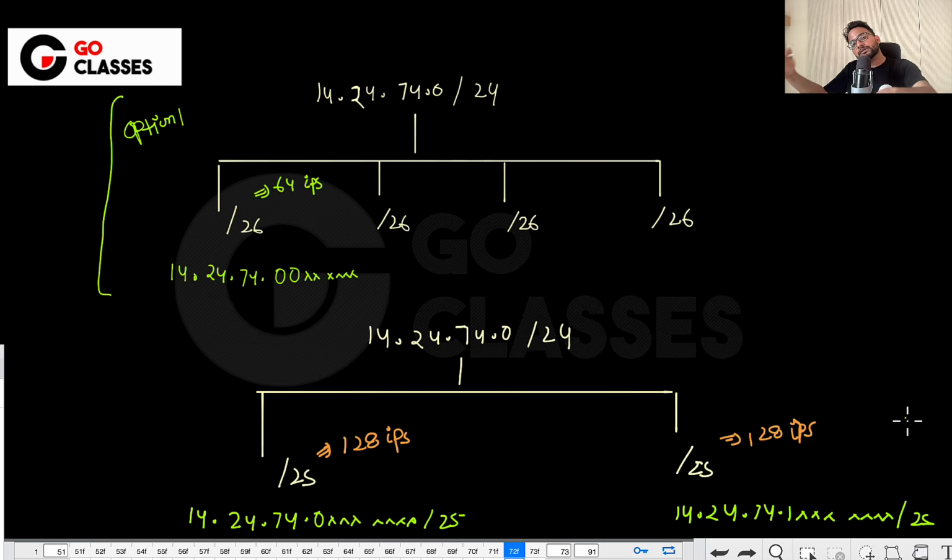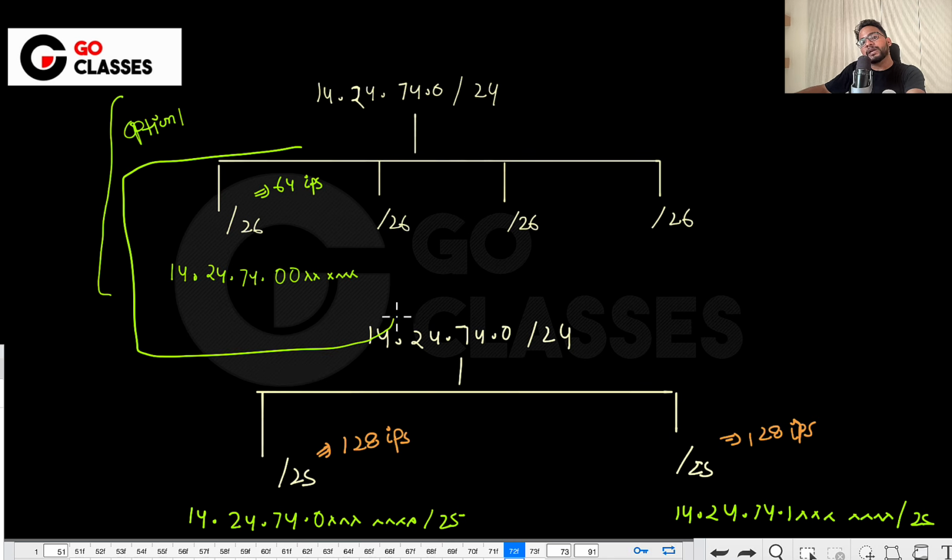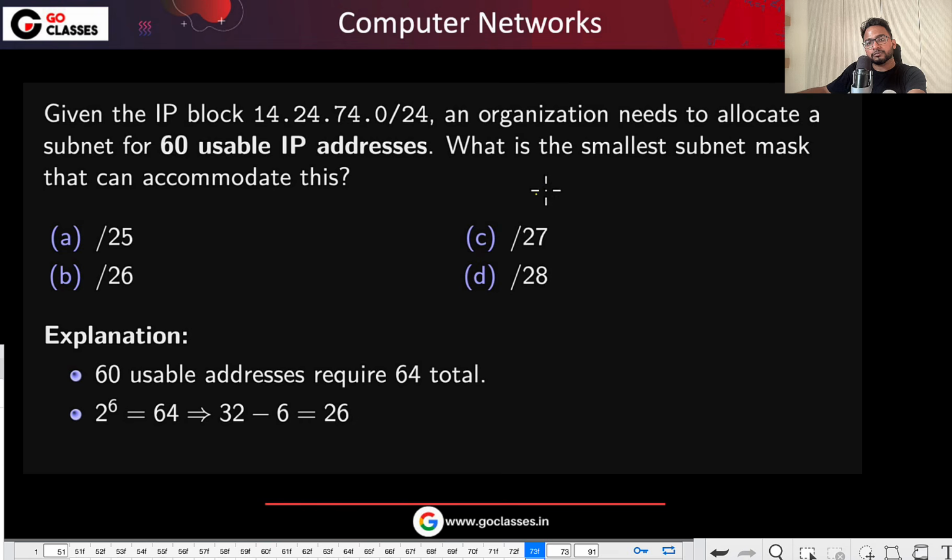So whether you want /26 or /25, it is up to you. I would prefer that we go for the minimum wastage. If we need 60, then we should allot this. Why are we allotting 128 IPs, right? I would prefer this way, so I would say that /26 is better.